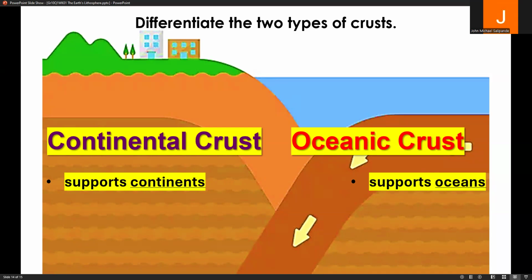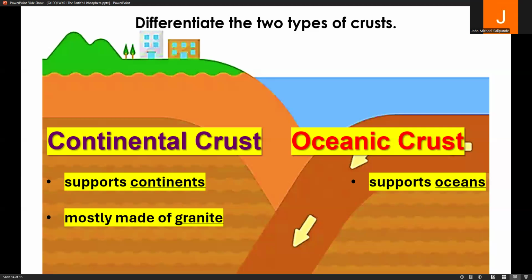So as you can see, both continental crust and oceanic crust, they are not on the same level with each other, no? And that is primarily because of the different rock compositions. So continental crust is mostly made up of granite, while oceanic crust is mostly made out of basalt.